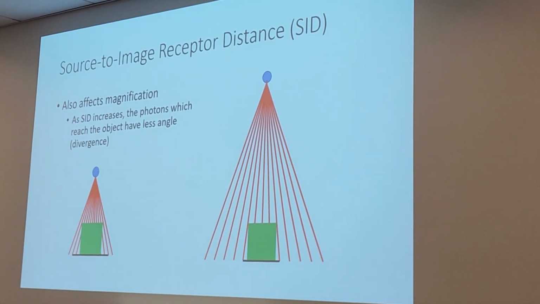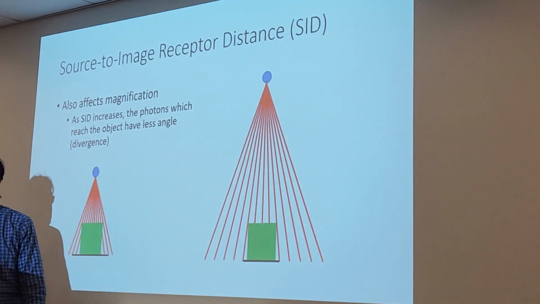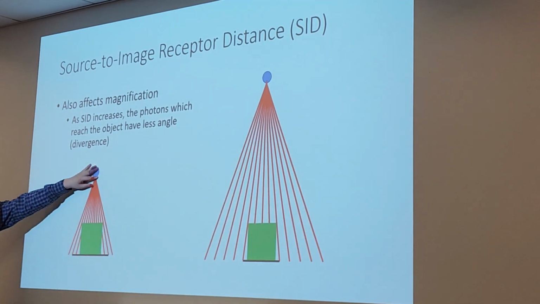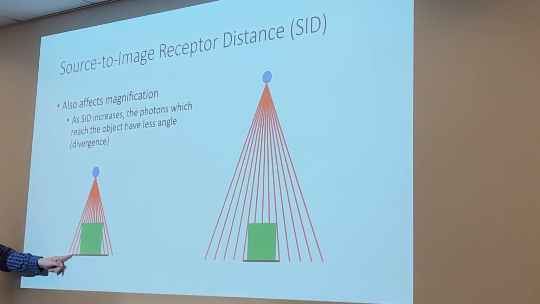All right. SID, source to image receptor distance. I guess we didn't cover it last week or the week before. We must have covered it last semester then, but let's talk about it again. Short SID, long SID. Notice here with this short SID, when these photons come down, this corner will cast a shadow all the way out here.